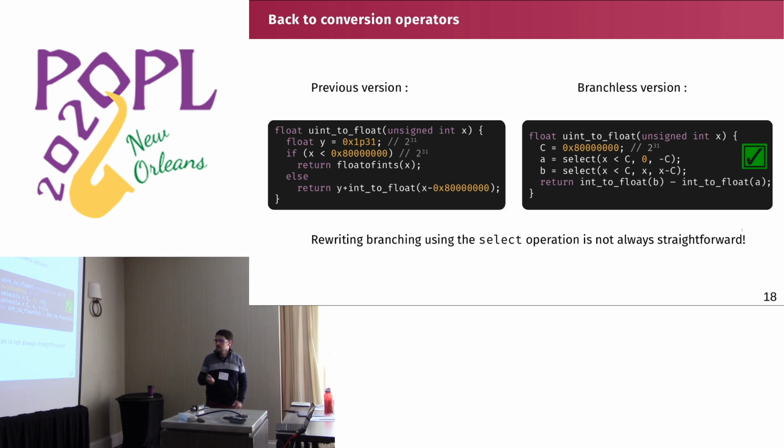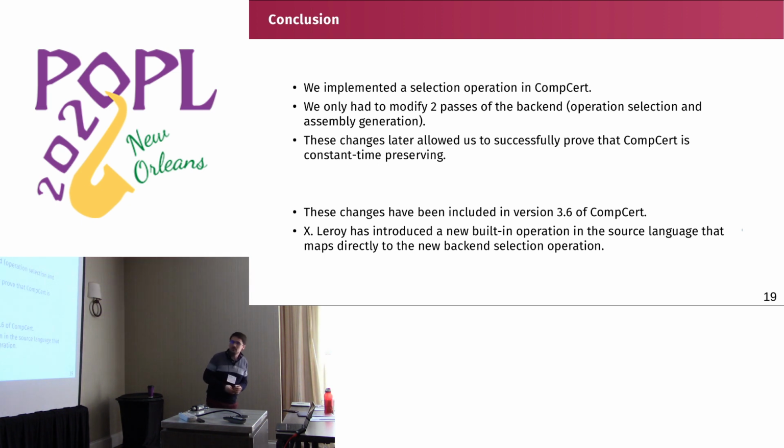Alright. So to conclude, we have implemented this new operation in the backend of the CompCert compiler. It also came with all the proofs of correctness of the changes that we have made in the compiler, which I didn't present here.